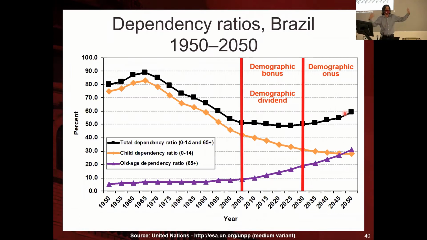They will rely only on government Social Security, and that can increase poverty among older people. Some demographers use this term demographic onus, but that's not a popular term that you might hear a lot. But demographic dividend and this window of opportunity is something that we hear a lot in demography.